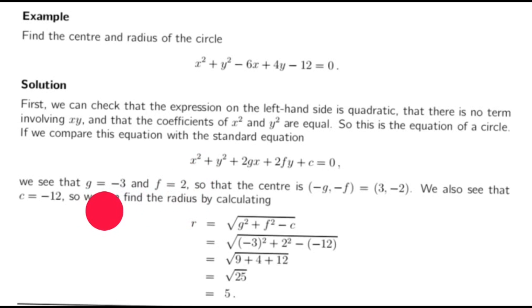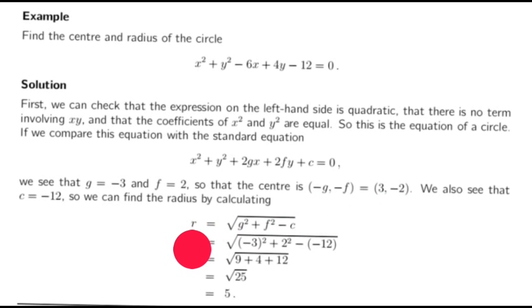Hence, g equal to minus 3 and f equal to 2. Center is given by the formula minus g comma minus f. Hence, the center is 3 comma minus 2.